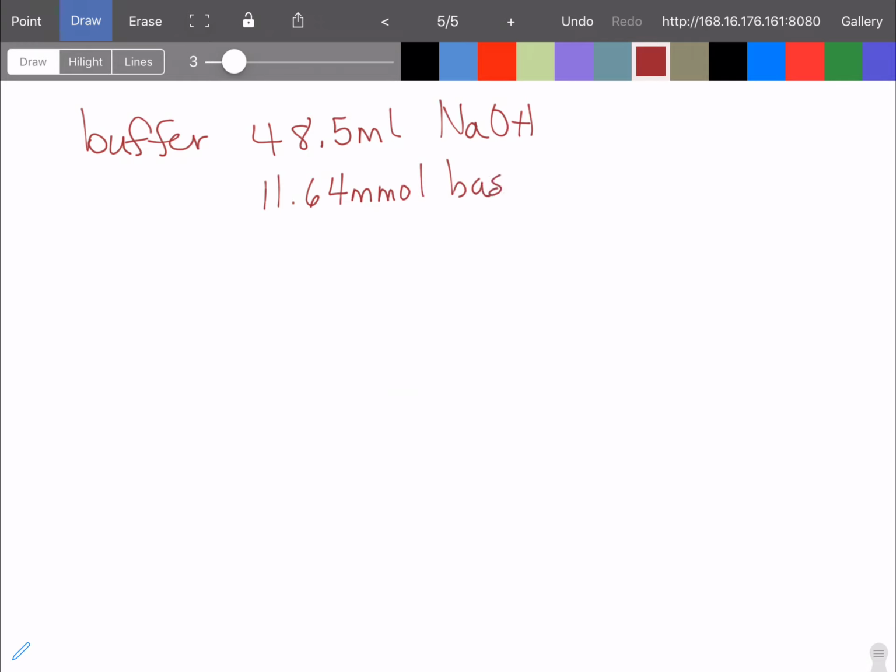And remember, we got that by multiplying it by our concentration, which was 48.5 milliliters times 0.24 molar. Okay, that gives me millimoles of base. So what we've done is the hydroxide, which is the base, is added to the HDHT to produce the weak conjugate base plus water.